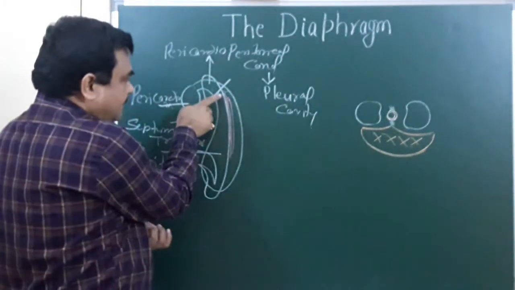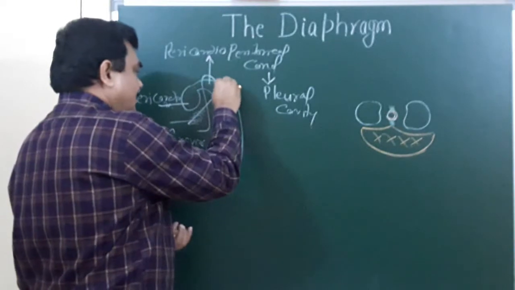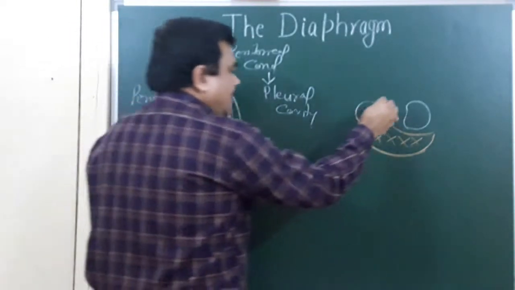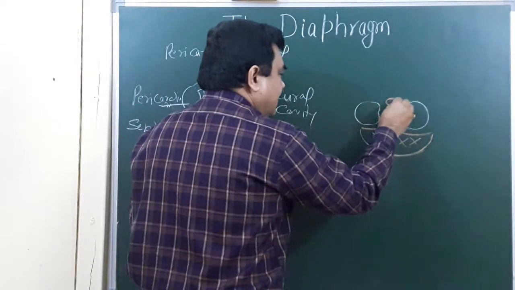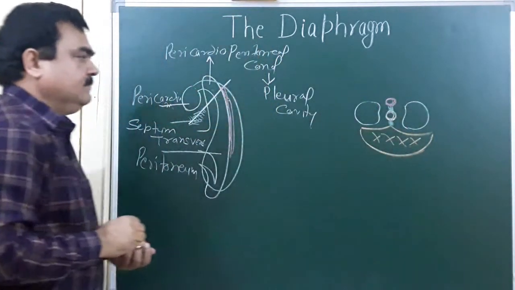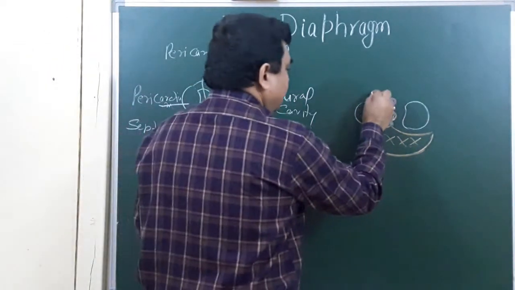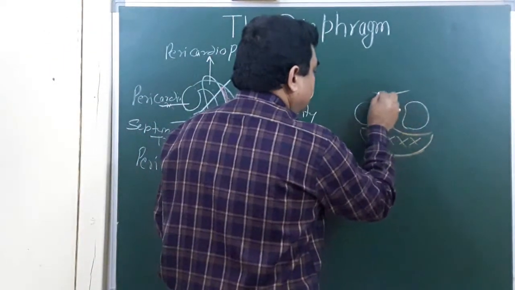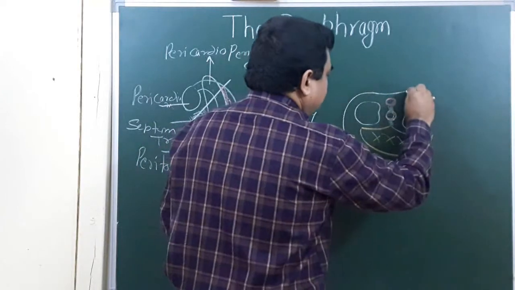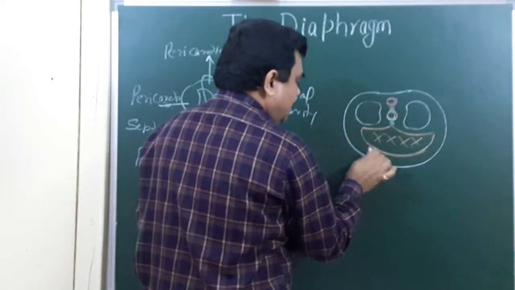And here is the position of the aorta. This is aorta. This is the position of aorta. This is body wall.